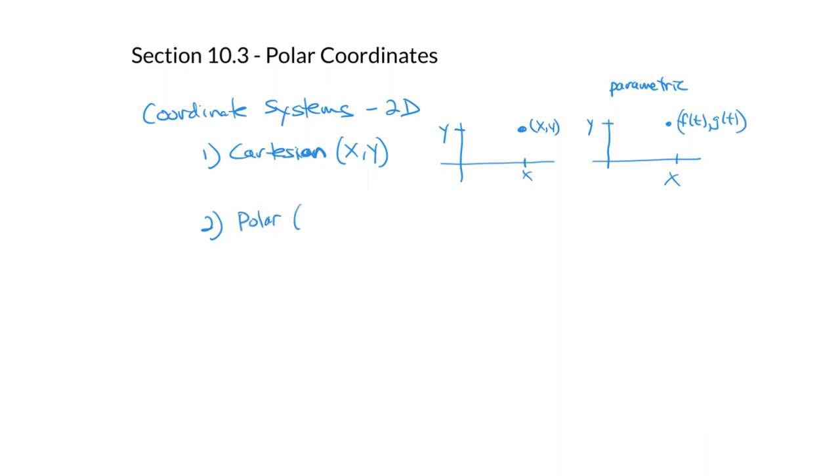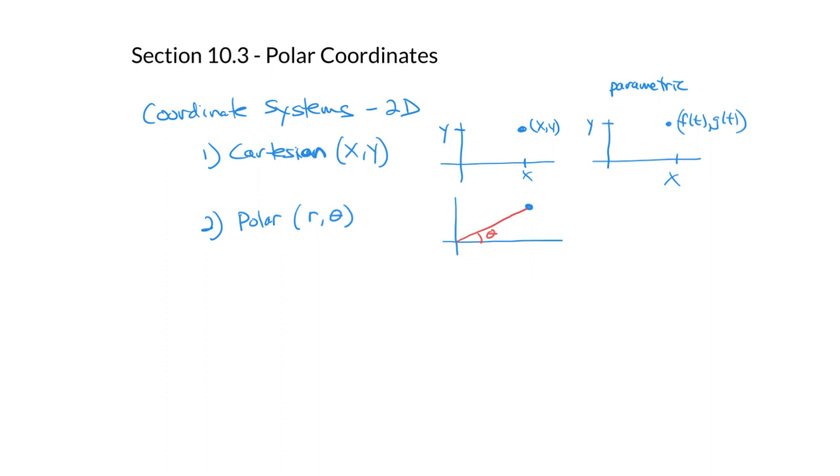And this one doesn't use x and y, it uses r and theta. So the way this one would work, if we're going to identify that same point with a polar coordinate system, you do something different. We start in standard position here, and we open this angle up theta degrees.